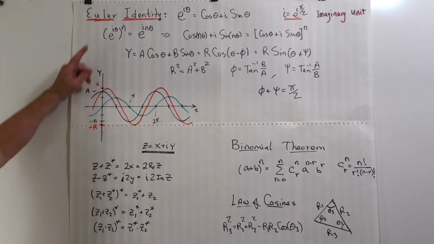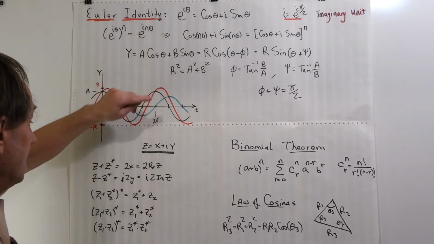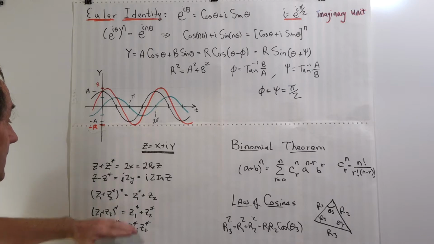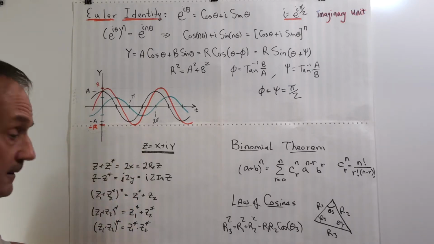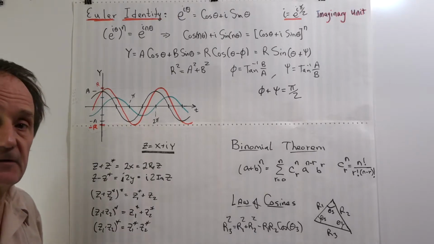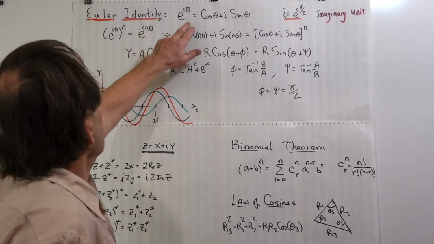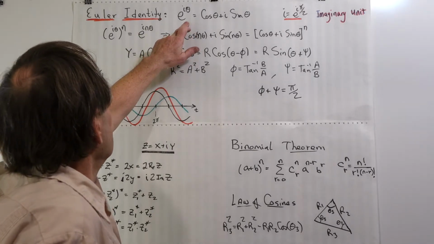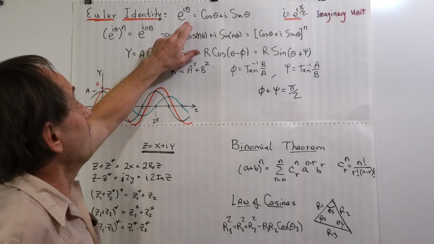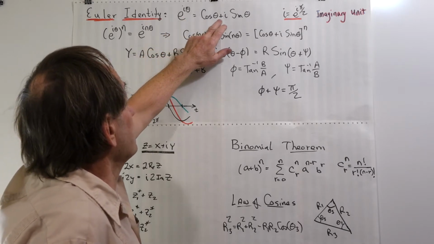Here I have a summary of the important trig identities and some of the important characteristics of complex numbers that's been discussed so far. Here is the Euler identity, or what's called Euler's formula, that e to the I theta is cosine theta plus I sine theta.